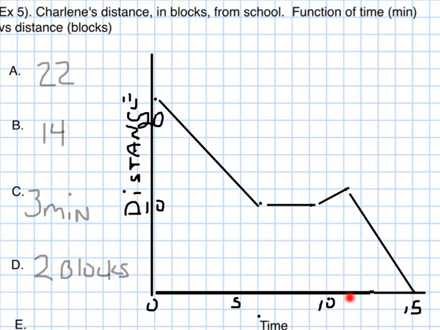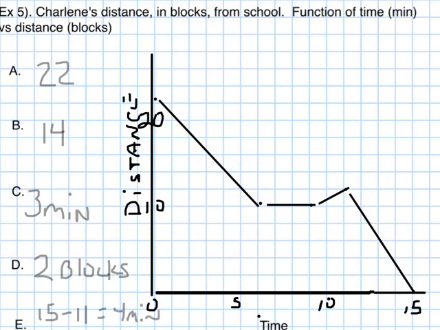This was at the 11-minute mark. So they want to know time, so we're here. We're not looking at blocks going up and down. We're looking here where she started to walk towards the train, or on the train, until where she got home right here. So what do we do on that one? Well, we take the 15 and you minus the 11 that she started at, and your answer is basically 4 minutes.